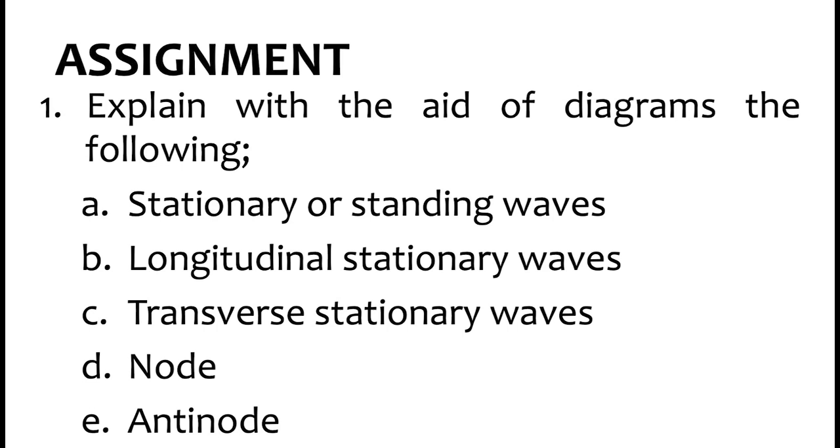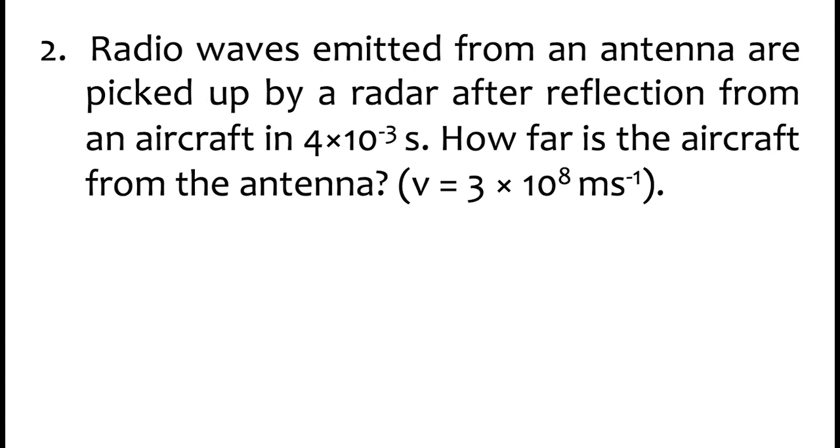Question number 2 says, radio waves emitted from an antenna are picked up by a radar after reflection from an aircraft in 4 × 10⁻³ seconds. How far is the aircraft from the antenna?